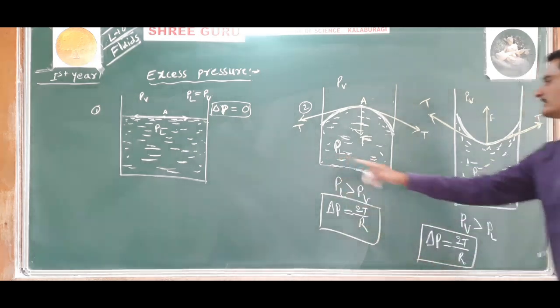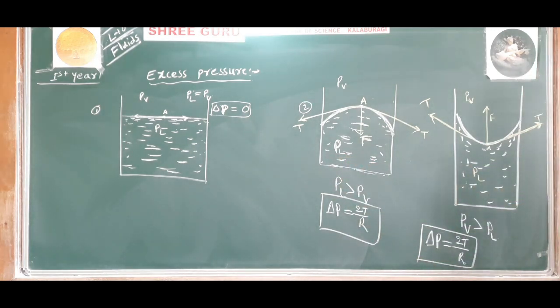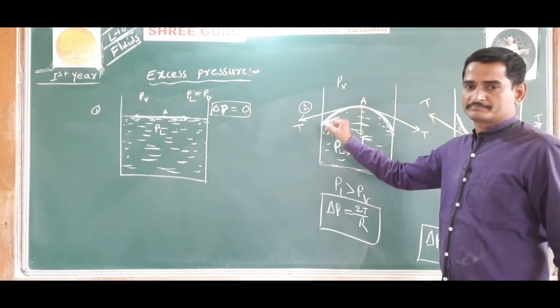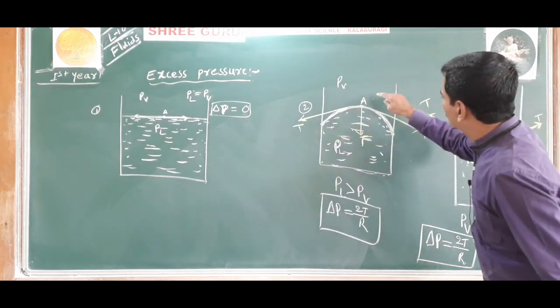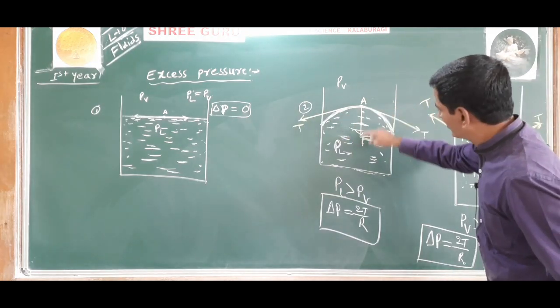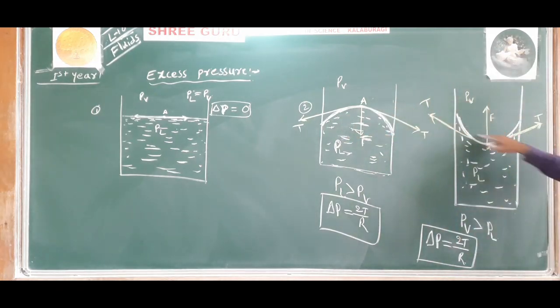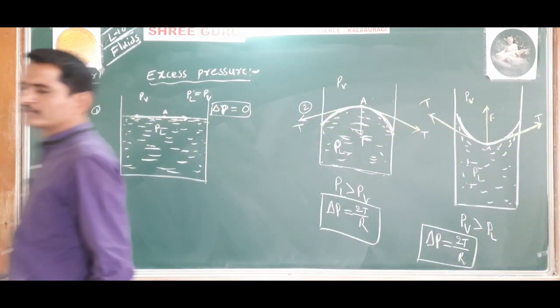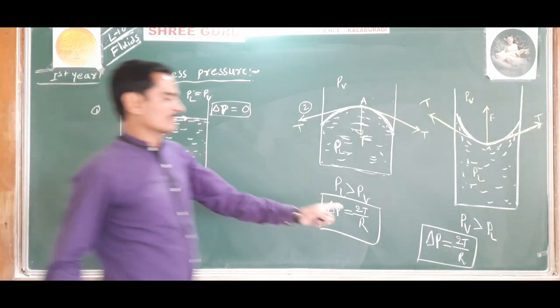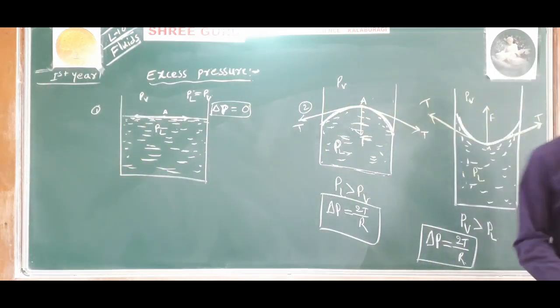From all these three diagrams we understood that the excess pressure for a curved surface is always towards the concave side. So these are some CET points that you have to remember along with the theory parts.